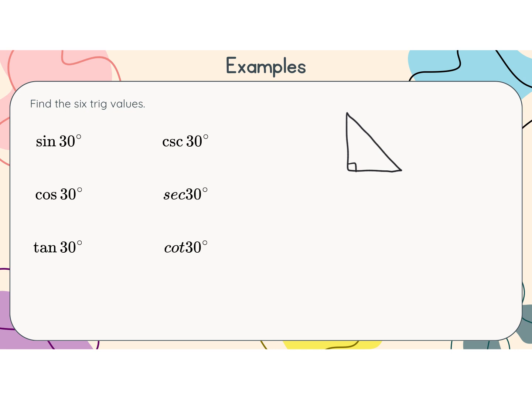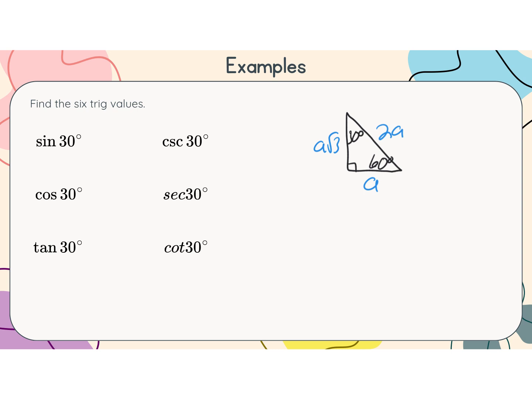That's telling you that we're going to be looking at the 30, 60, 90 triangle, right? So I'm going to say that this is 30 degrees, 60 degrees, and the side opposite of the 30 degrees is A. The side across from the 60 degrees is A square root of 3, and the hypotenuse is 2A, right? So this is the bare minimum that you should know, these side measurements relating to this angle.